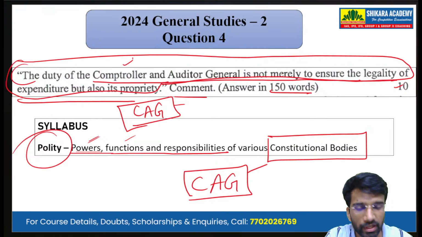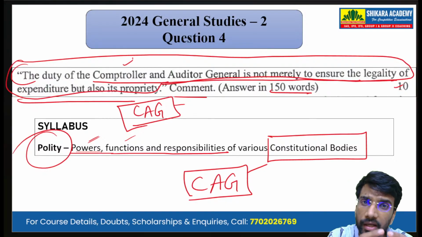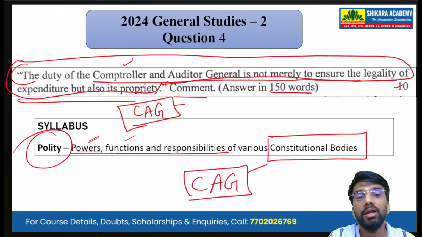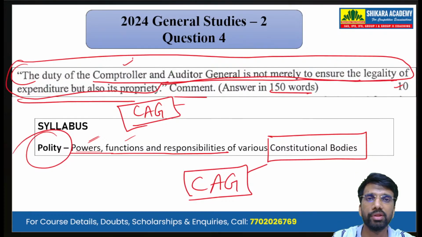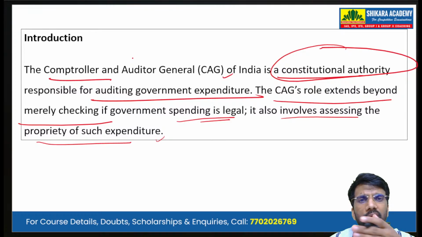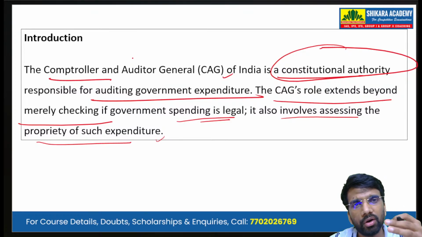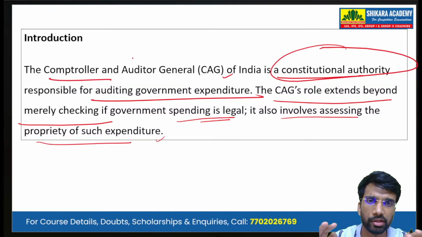We have to argue that the role of the CAG is not limited to ensuring that all the expenditures are done in a legal manner. The responsibility of the CAG also extends to the propriety of the expenditure. That is, it has to make sure that no irrelevant, excess or non-functional expenditure is taking place. Unnecessary expenditure, it has to avoid.